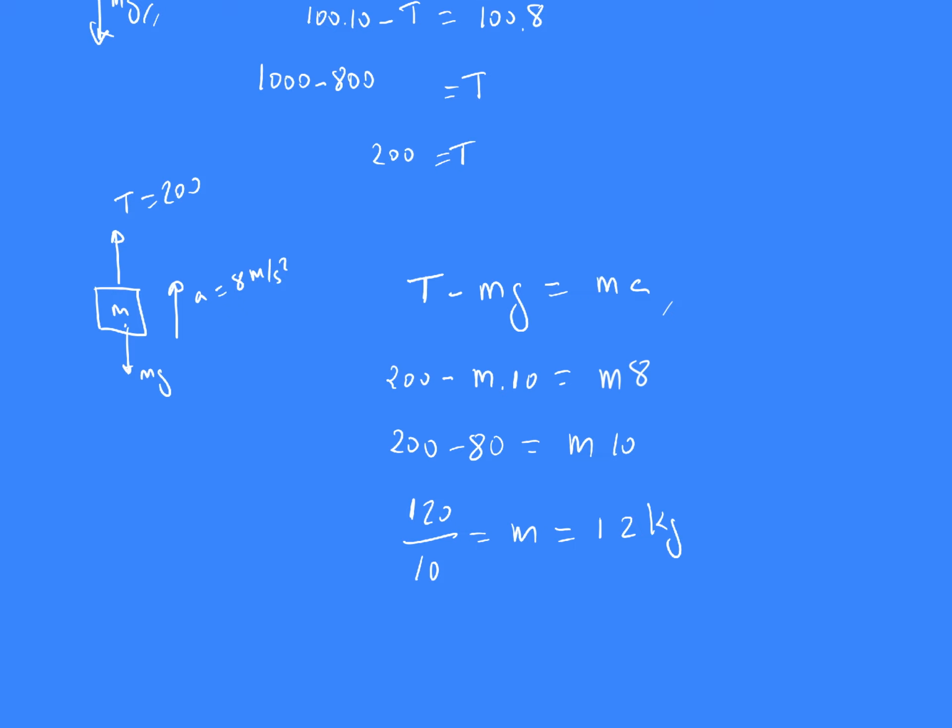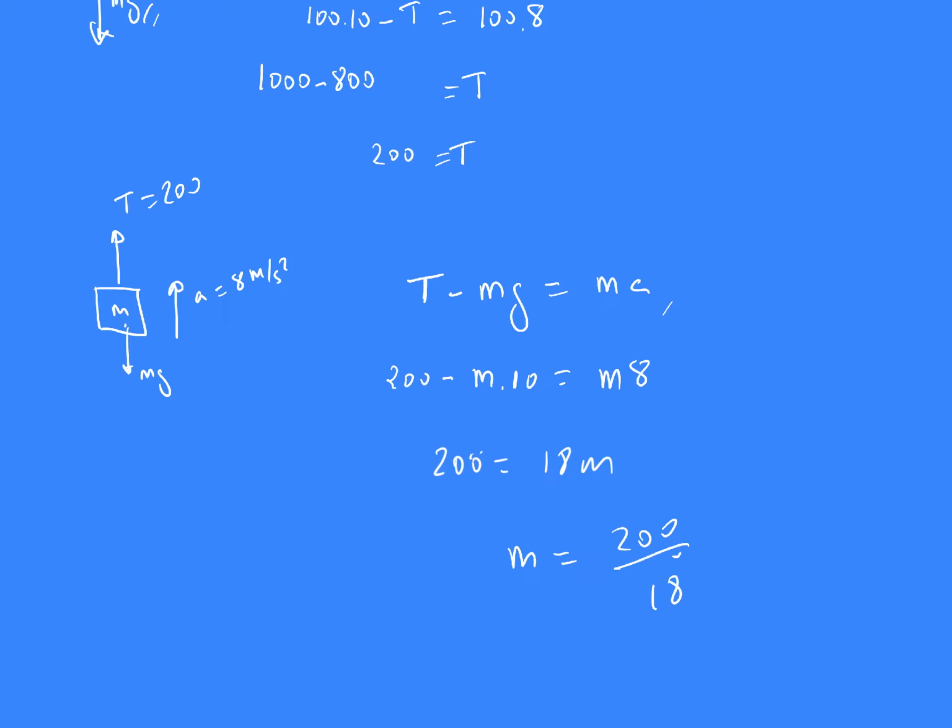So I made a mistake here. Let's erase everything. So it will be 200 minus mg, m by 10, equals m by a. So the 200 will be 8m plus 10m, which is 18m. So the m will be 200 divided by 18, and the result should be correct unless I made a mistake. Please check it and let me know.